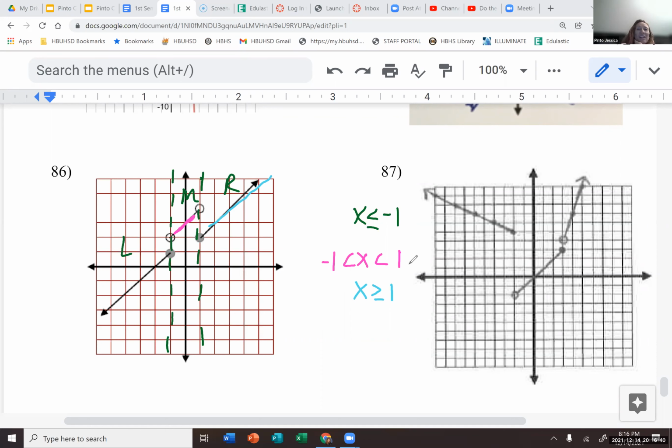And then looking at the equations, I'll start again at the left. This one I'm going up 1 and over 1. And then if I was to cross the y-axis, it would cross right here, and that's at 2. So that's just x plus 2. For the pink function, again, we see that up 1 over 1, which is excellent.